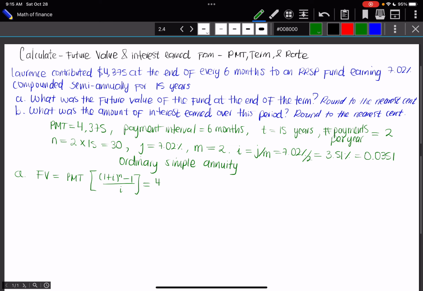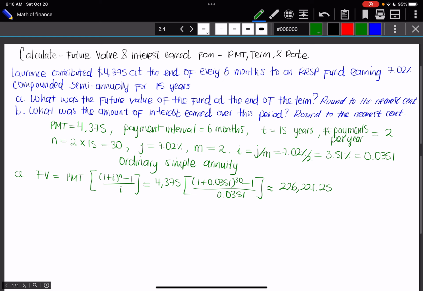In our case, we have 4,375 multiplied by (1 plus 0.0351)^30 minus 1, divided by 0.0351. I've just substituted all values we talked about before into the formula for future value. And if we use a calculator to compute future value, we find a number that can be approximated by $226,221.25.